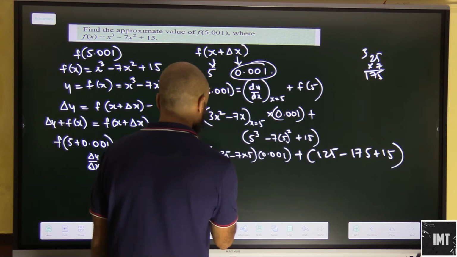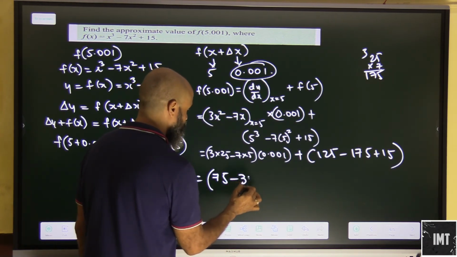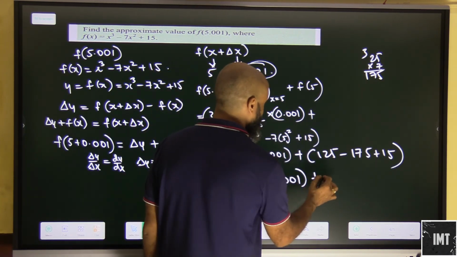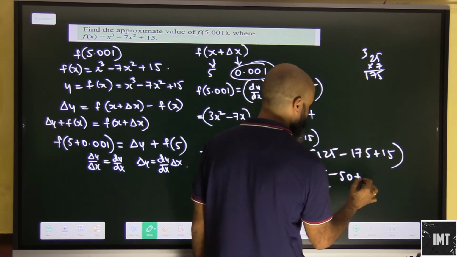So that's going to be how much? This will be 75 minus 35 into 0.001 plus 125 minus 175, so that's going to be minus 50 plus 15.